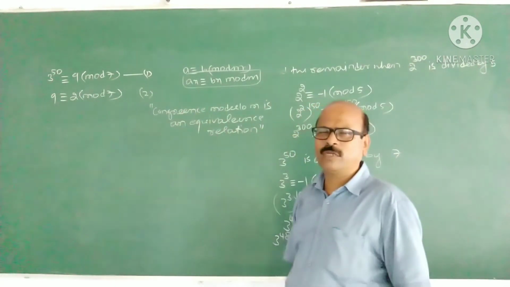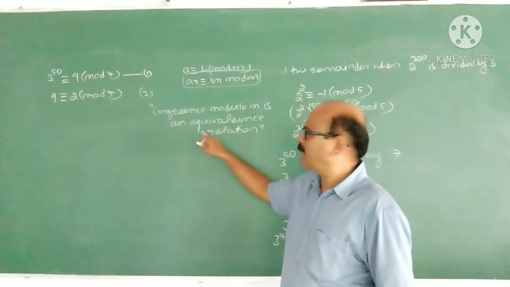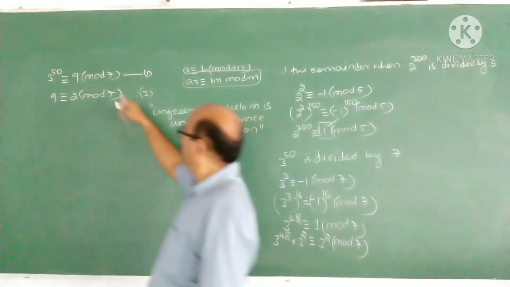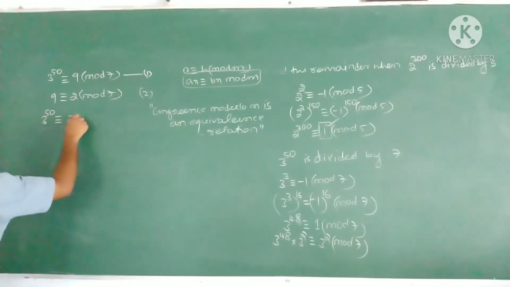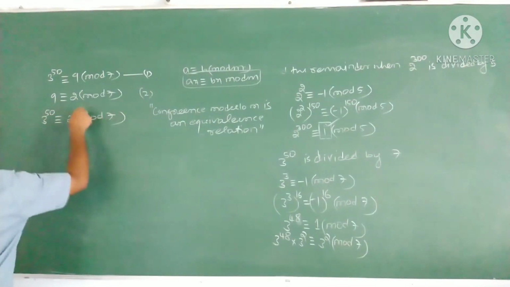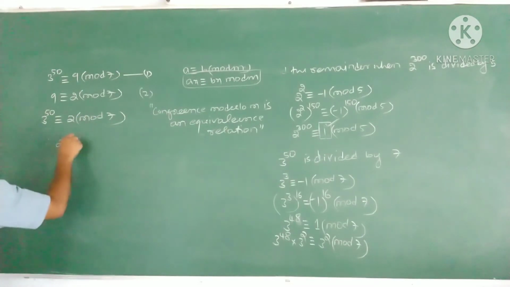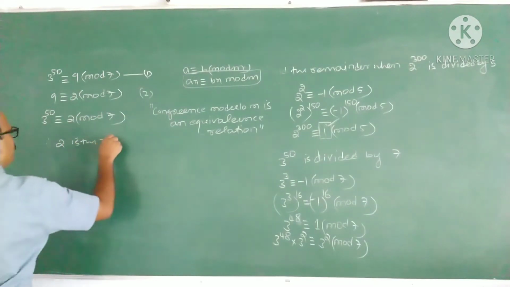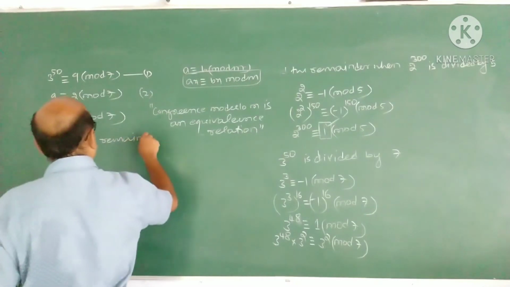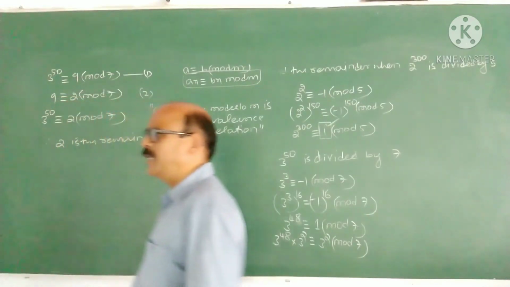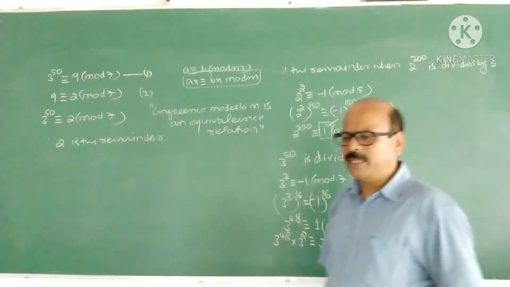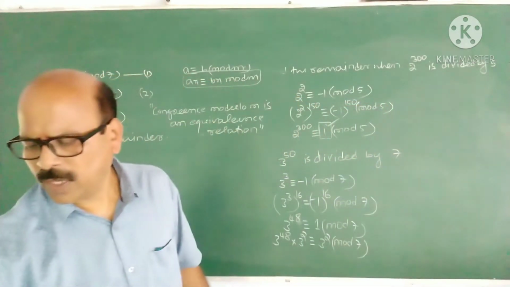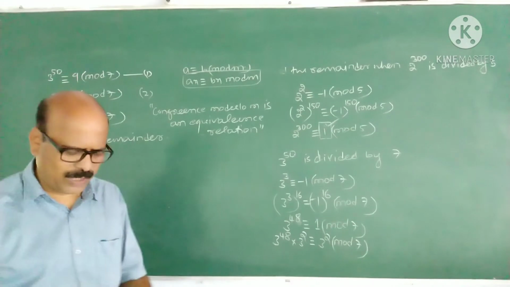This relation congruent modulo m is transitive. Now from 1 and 2 apply transitive property, you get 3 raised to 50 is congruent to 2 mod 7. Therefore 2 is the remainder. 2 is the remainder when 3 raised to 50 is divided by 7. I think all of you followed how to use this congruence modulo m relation.